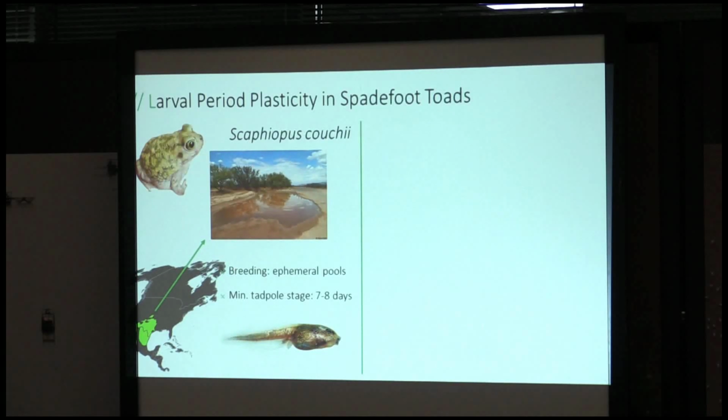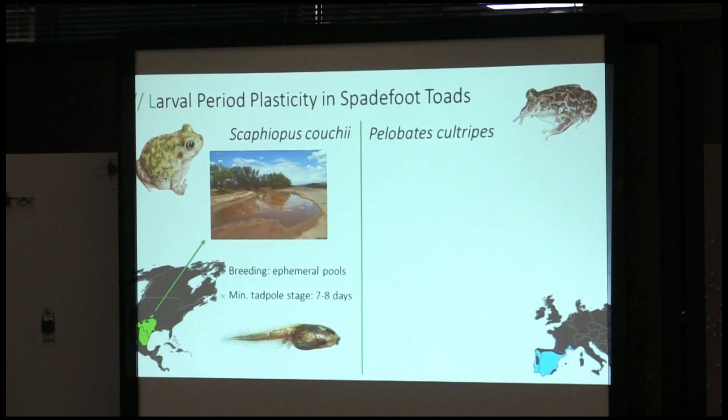They inhabit extremely ephemeral pools. These are arid environment species. They lay their eggs in almost puddle-like pools, and accordingly their larval period is extremely short. They go from an egg being laid in the water to the tadpole undergoing metamorphosis and leaving that pond in about a week. So that's pretty drastic.